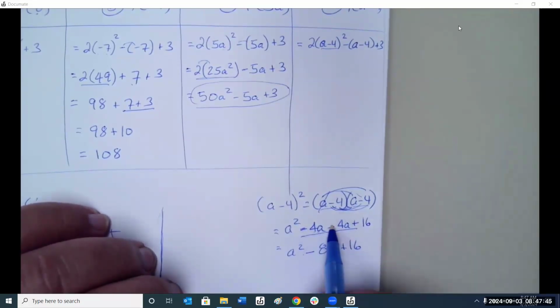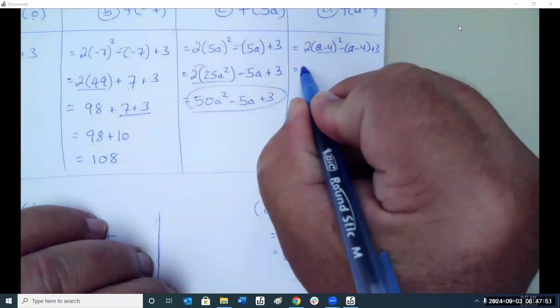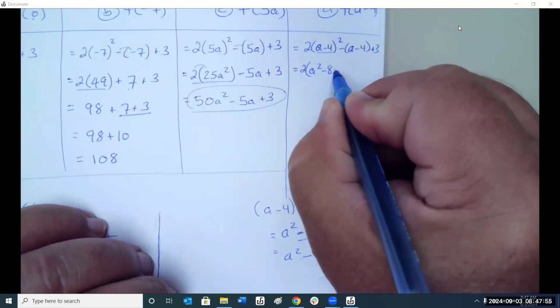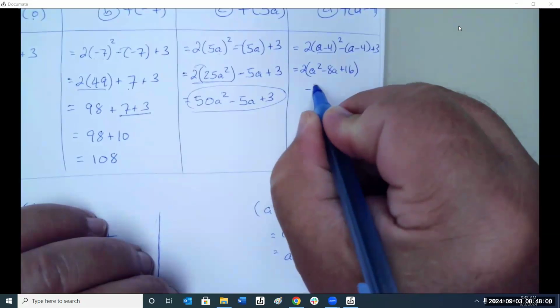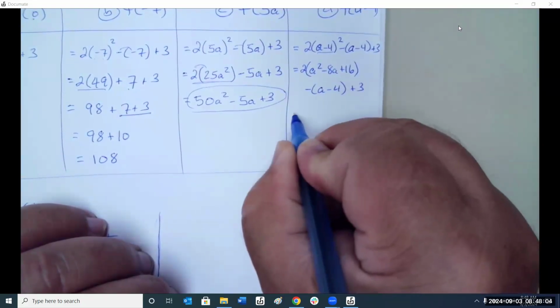Remember, if the signs are the same, since they have the same terms, we just add the coefficients. So we have 2 times a squared minus 8a plus 16 minus a minus 4 plus 3.